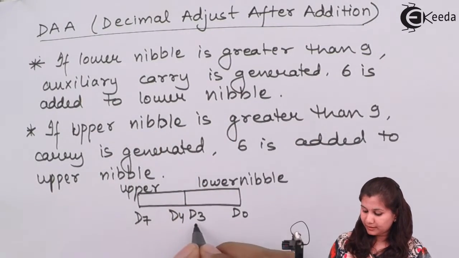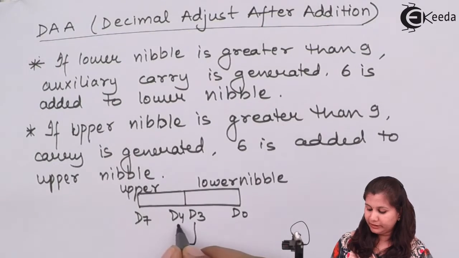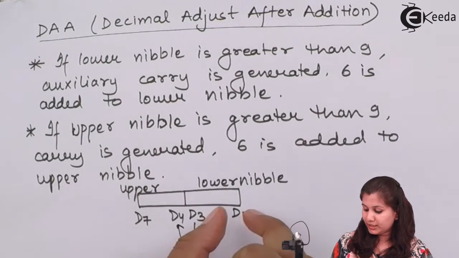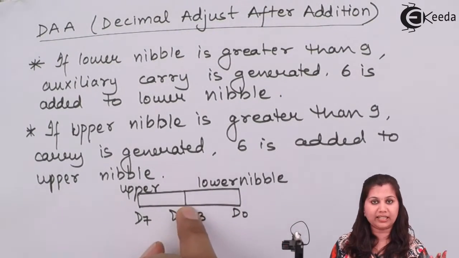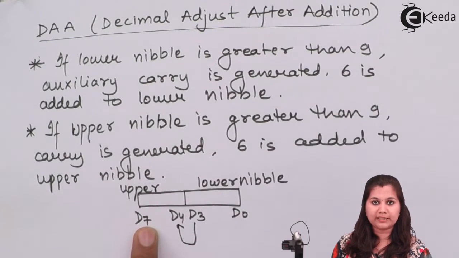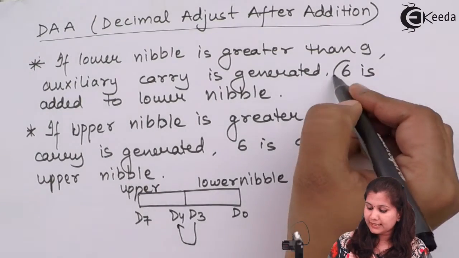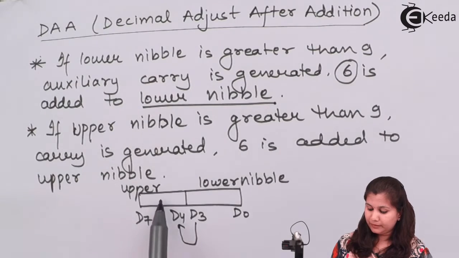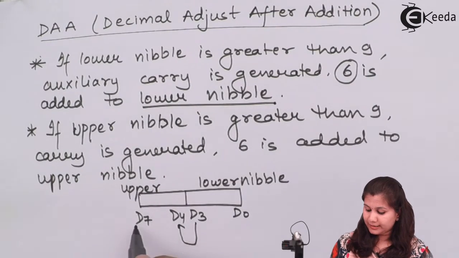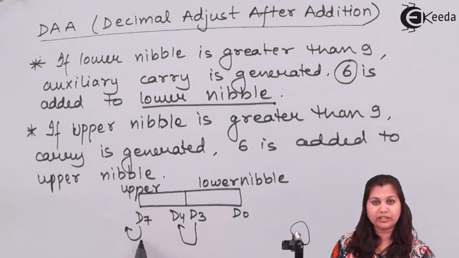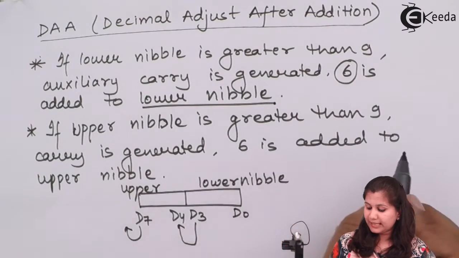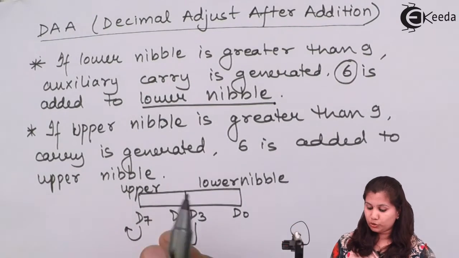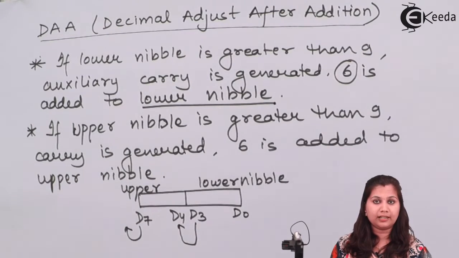Auxiliary carry means the carry generated from the D3 to D4 bit. So 6 is added to the lower nibble. And when the upper nibble is greater than 9, a carry will be generated from the D7 bit, so 6 is added to the upper nibble. This is how we get the result, which is a BCD number.